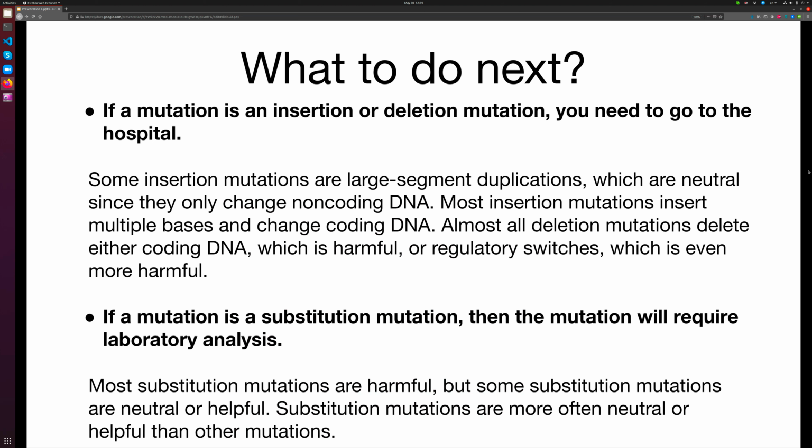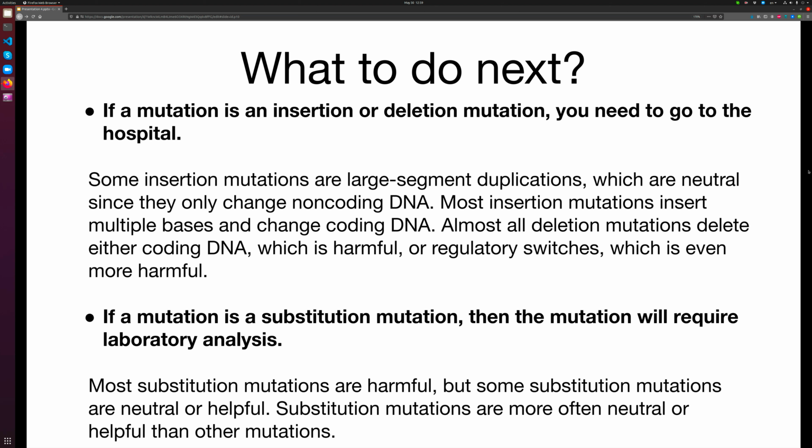So if a mutation is an insertion or deletion mutation, you need to go to the hospital. Some insertion mutations are large segment duplications, which are neutral since they only change non-coding DNA. Most mutations that change non-coding DNA, except for the mutations that change regulatory DNA, are neutral.